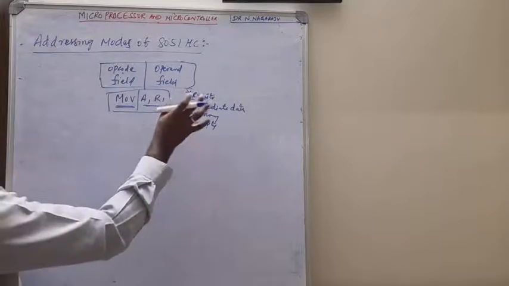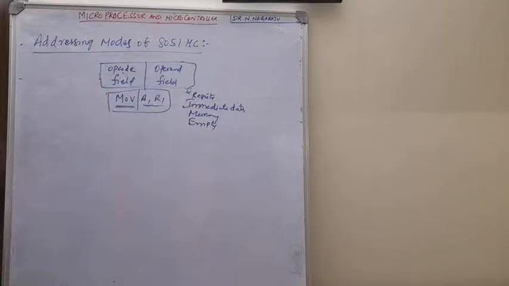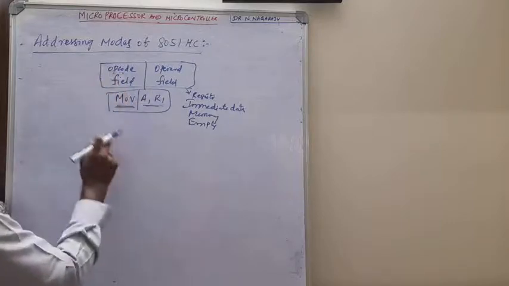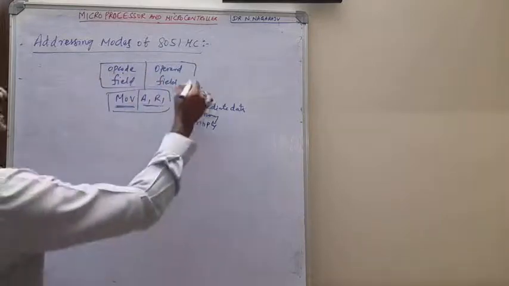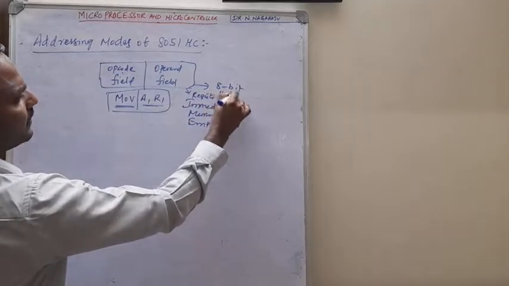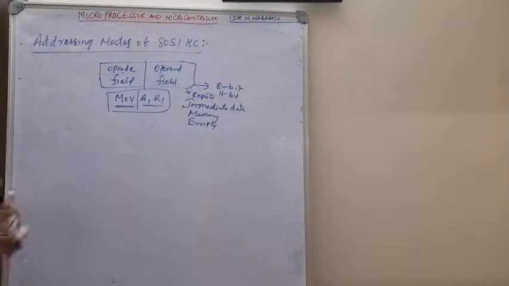So the data on which the operation is to be performed by the opcode field is called the operand field. This may be either 8-bit or 16-bit. These are the basic two fields involved in any type of instruction.